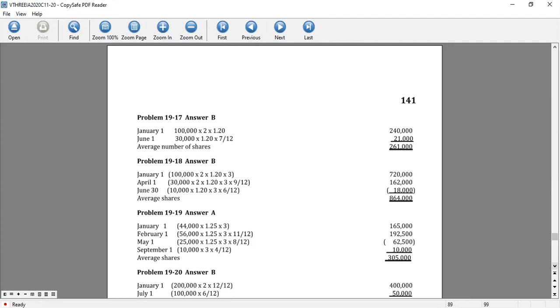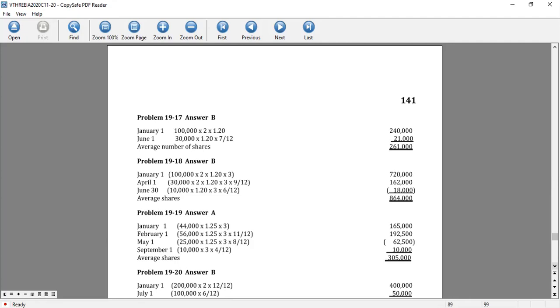That is 9 over 12, from April 1 to December 31. Okay, so we now have the 3-for-1 share split on December 31.